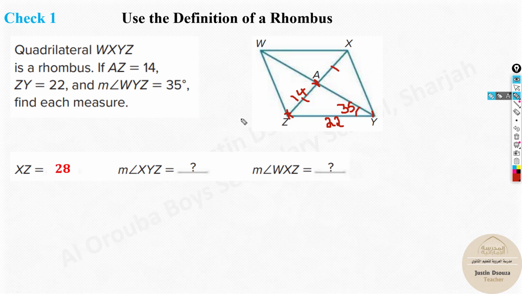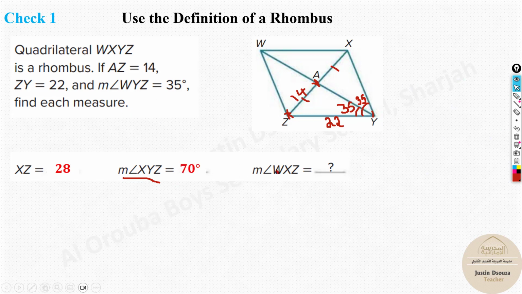What about the other measures? Let's see. Measure of XYZ. This entire measure. Now I have told a while earlier, it bisects each other. So if this is 35, even this is 35, the total angle is 70 here. 35 plus 35, it's 70 degrees.